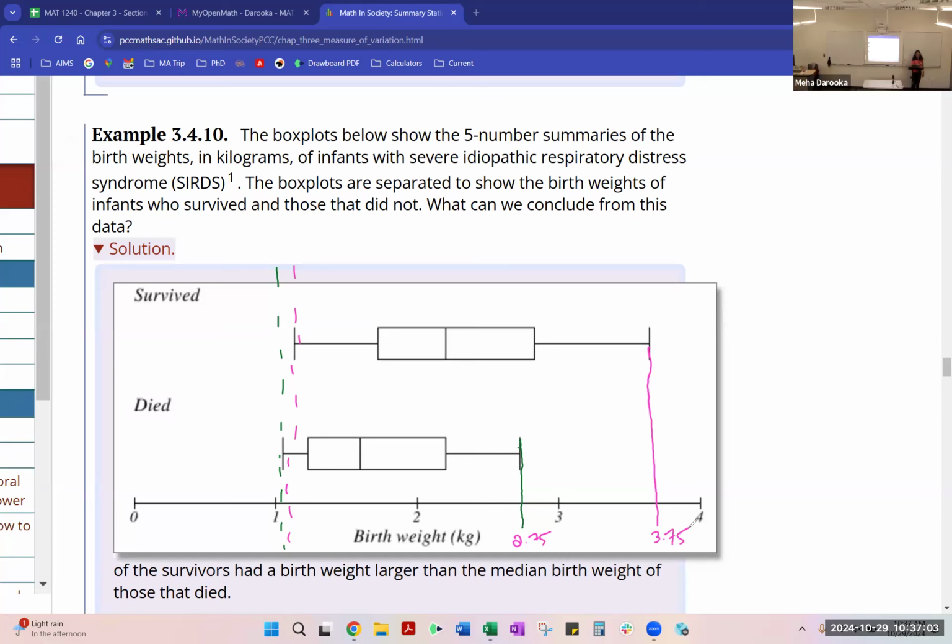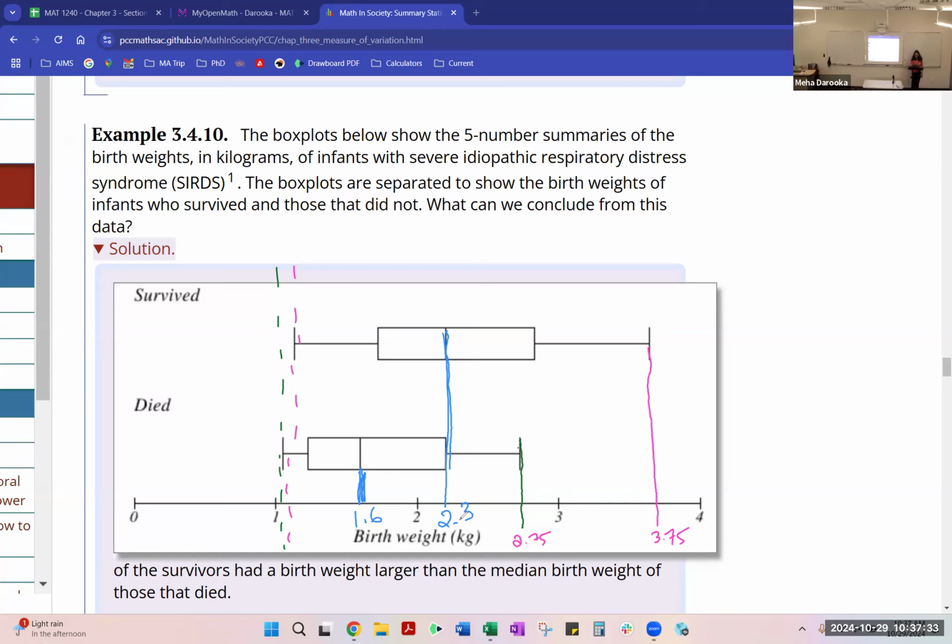Where's the median weight for both groups? What do you think this guy is approximately? And then the median for this guy? 1.6. 1.6 for this one, and then the upper group? Somewhere in there, because it's in that first quarter-esque position, isn't it?